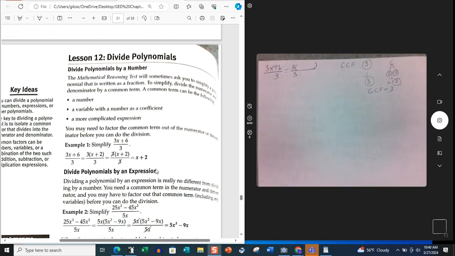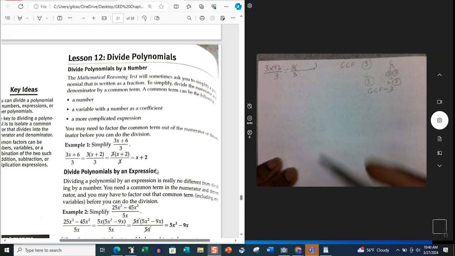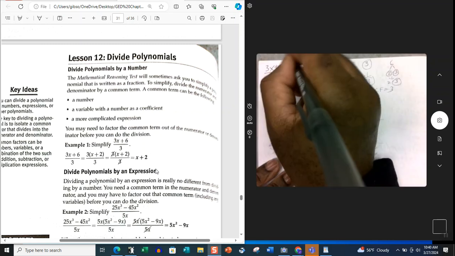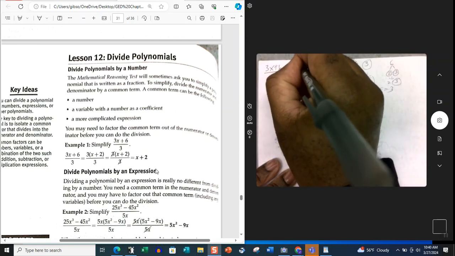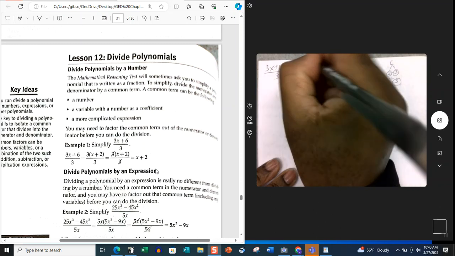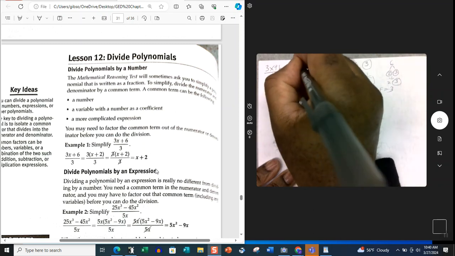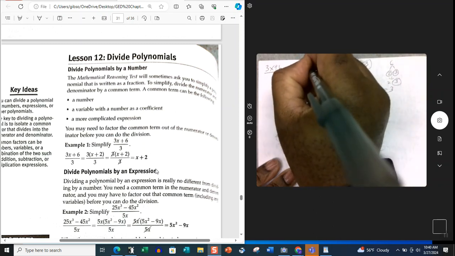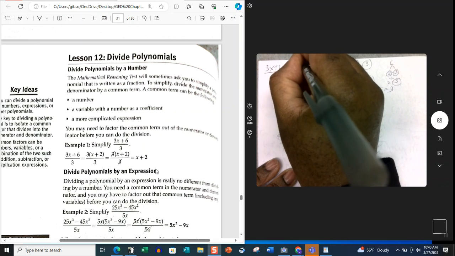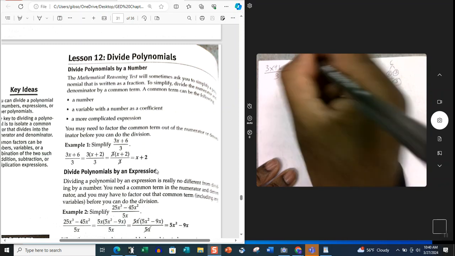Now, I remember telling you all in lesson 10 that when you factor out in your head, this is what goes in the parentheses first. It'll be what you originally had, that 3x plus 6, but divided by what you factored out. I'm sorry, I messed up that x.